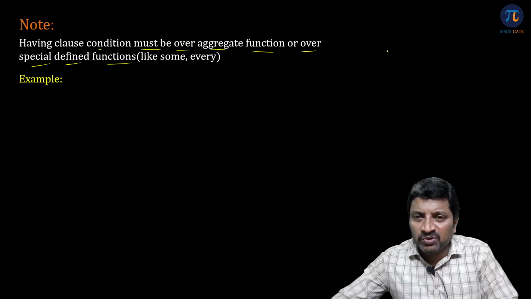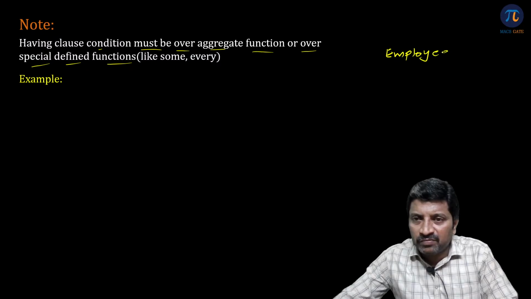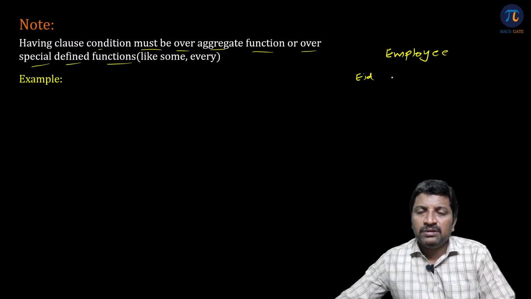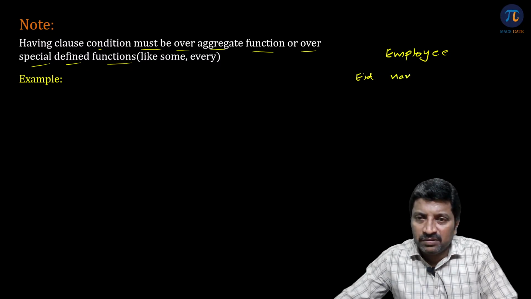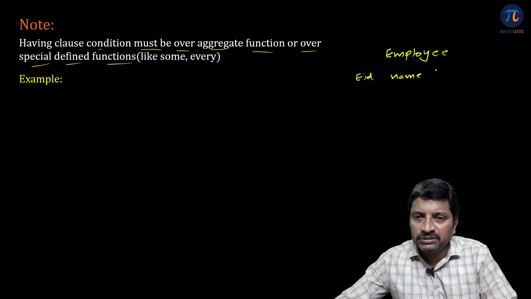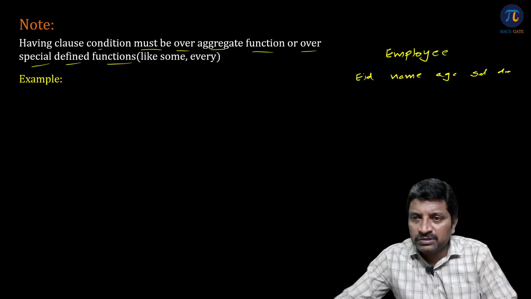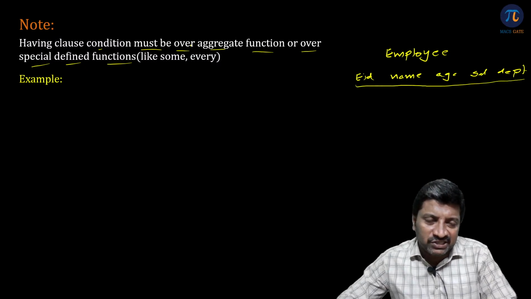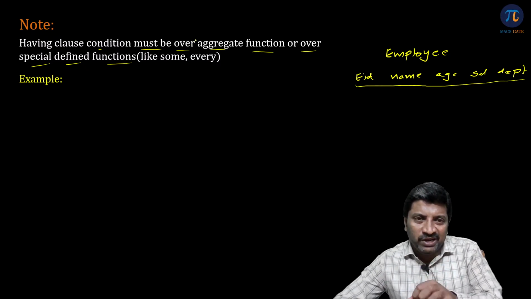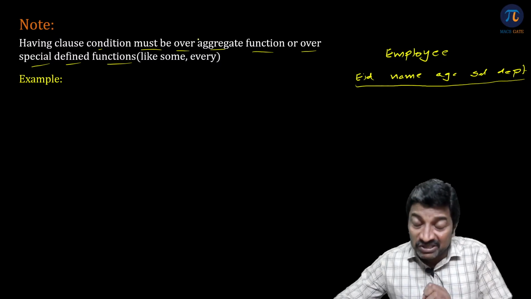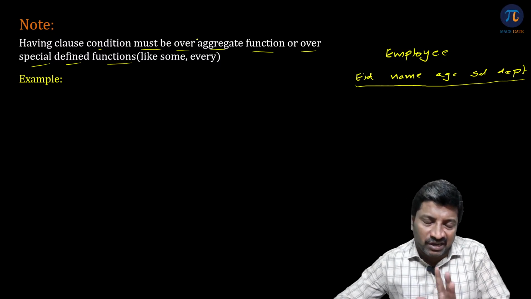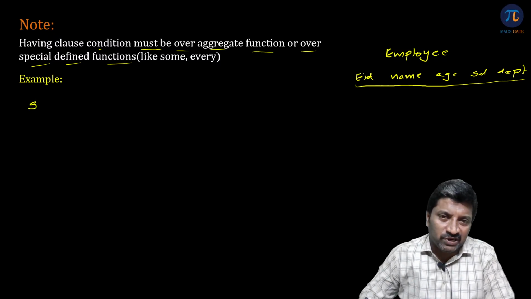One minute, sir. Suppose we have employee, so the attributes are name, age, salary, department. Sir, the first part we have already discussed in the previous example. Having clause must be over the aggregate function only. But sometimes it is allowed without an aggregate function in having clause. For example, look at this.